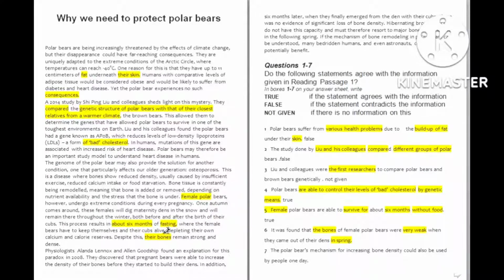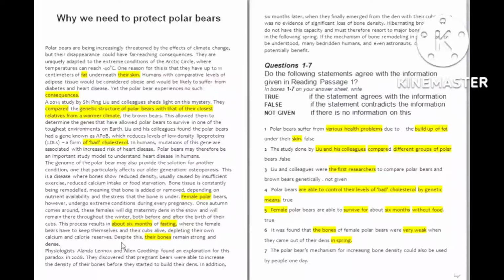We read from here. This process results in about 6 months of fasting, where the female bears have to keep themselves and their cubs alive, depleting their own calcium and calories reserve. With the help of their own calcium and calories, they protect their cubs.